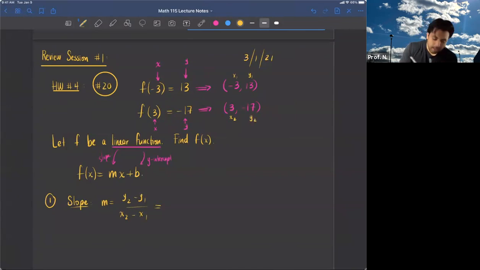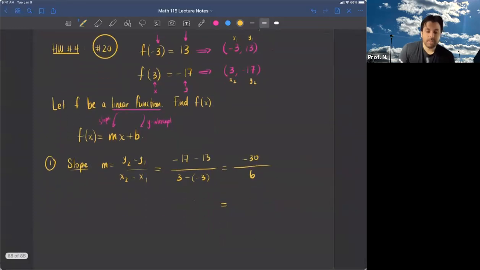Then I plug in and I get negative 17 minus 13 all over 3 minus negative 3. Negative 17 minus 13 becomes negative 30. 3 minus negative 3 is 6. Negative 30 divided by 6 is negative 5. So I found my slope. Do you see that?